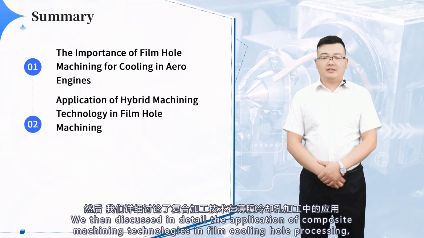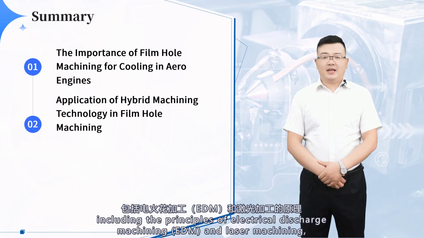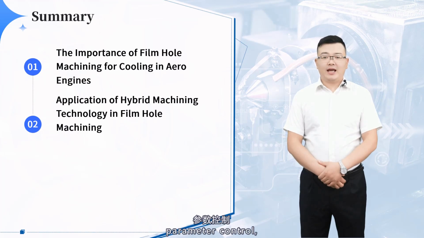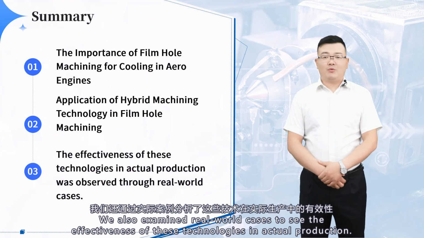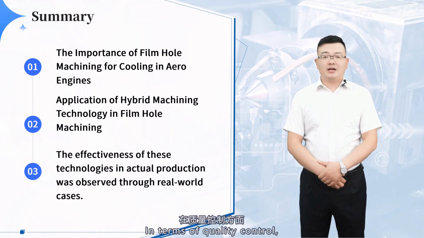We then discussed in detail the application of composite machining technologies in film cooling hole processing, including the principles of electrical discharge machining, EDM, and laser machining, parameter control, and their combined application. We also examined real-world cases to see the effectiveness of these technologies in actual production.